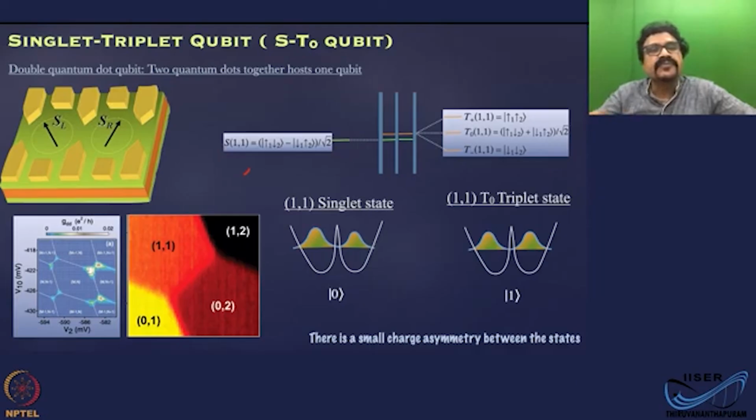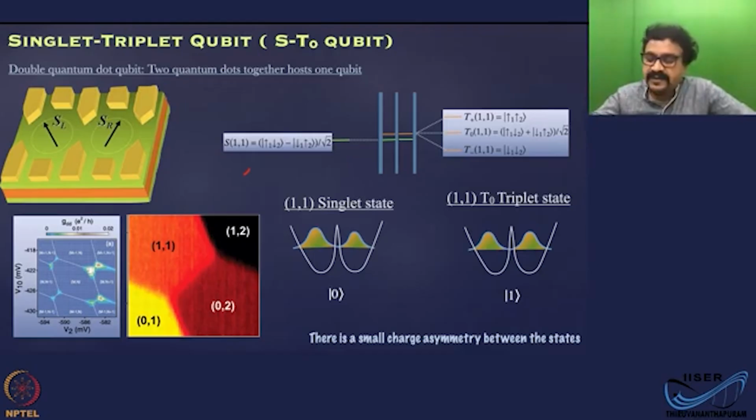Now, the second approach, which is also equally pursued, is called the singlet-triplet qubit or ST0 qubit. In the previous architecture, we had one physical qubit located in one dot.